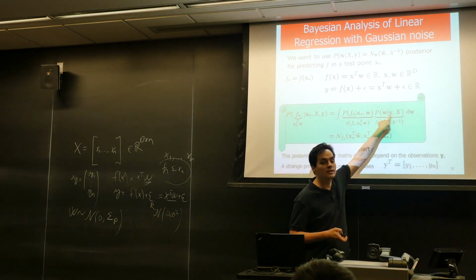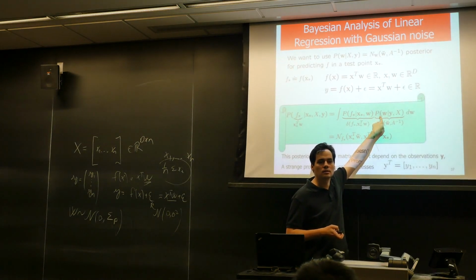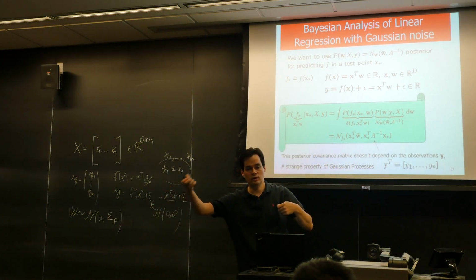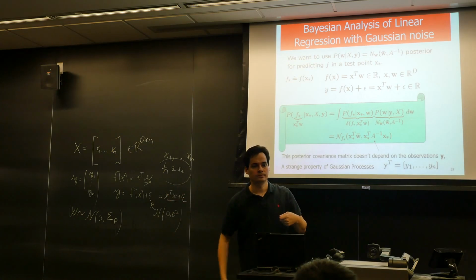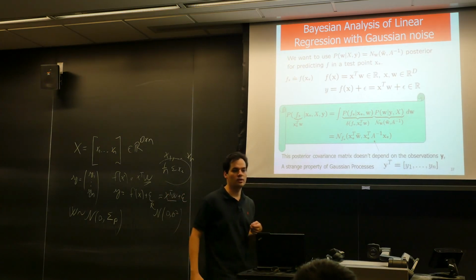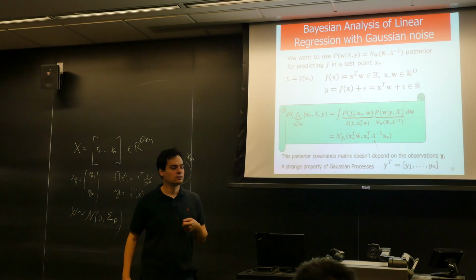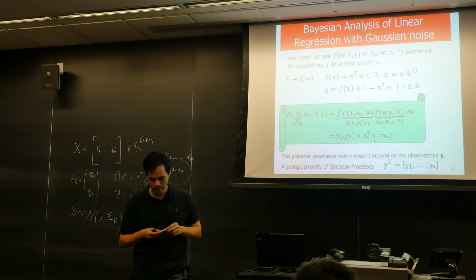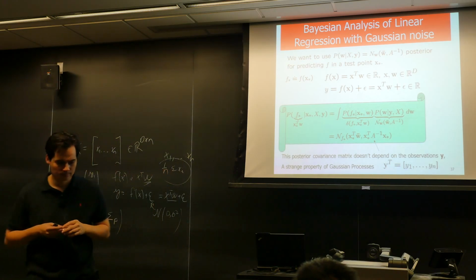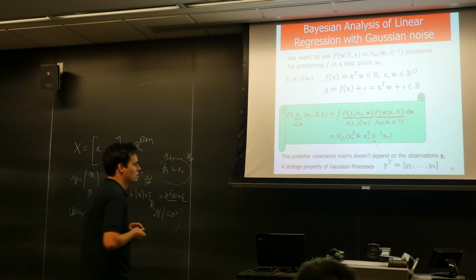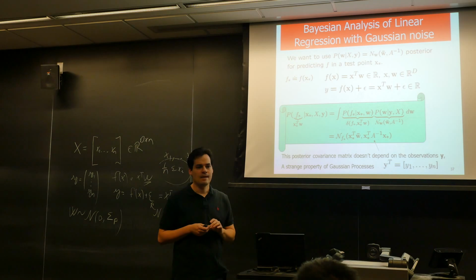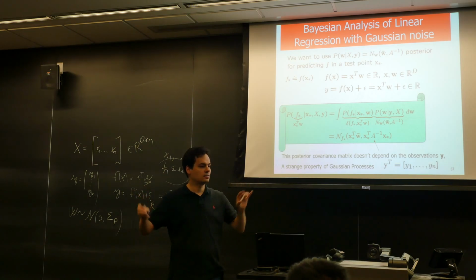When we calculated the posterior distribution, it was the likelihood times the prior, and the prior was the regularization term. Other questions? Everyone is okay with this so far? Good.